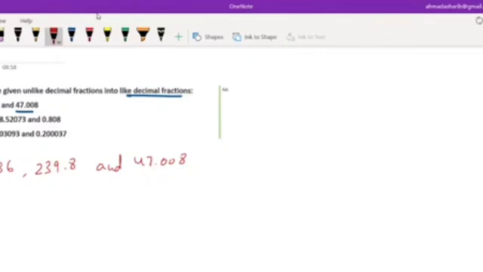As you can see, they are not like, because here after the decimal you are having 2 digits, here only 1 digit, and here 3 digits. So we have to see the larger number of digits after the decimal. So it is 47.008. So you will write 47.008, and there are 3 digits after the decimal.